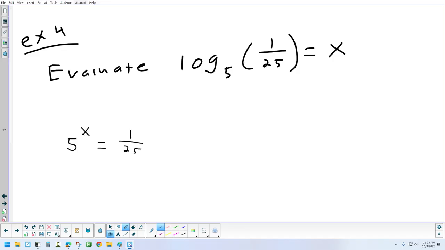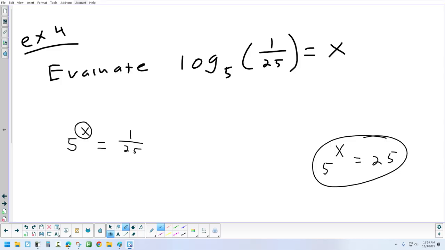Now, we've got to raise 5 to a power and get a fraction. If you had 5 to the x equals 25, it's not what we have, but if it was, what would be the answer to this problem? 2. 5 to the second power is 25. We want to get 1/25.